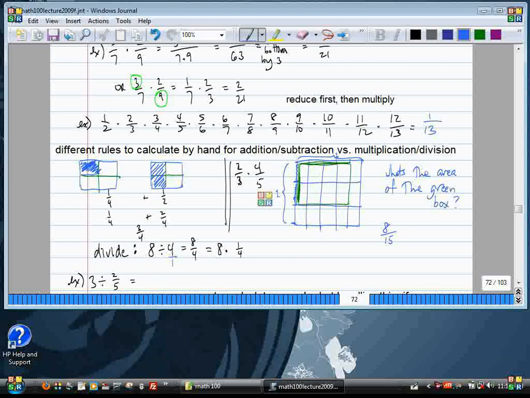Alright. So this is easier to see when we're dealing with whole numbers, but the same principle works when you're dealing with actual fraction-looking fractions. So instead of dividing by 2/5, what are we going to do? Multiply by 5 over 2, the reciprocal.